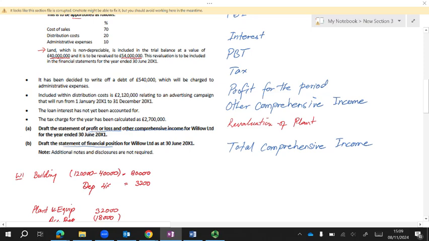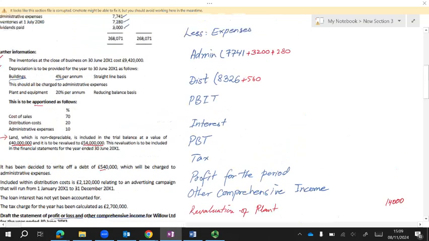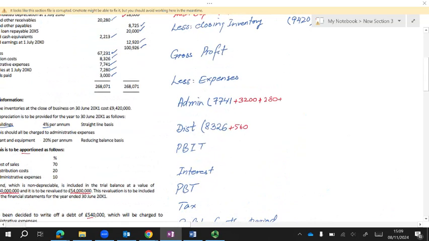Next, note number 3 says it has been decided to write off a debt of 540, which means this customer has gone into bankruptcy, so we will not get this money, and this should be charged to administration expense. So 540, let's add into administration expense. I'll just write over here plus 540.